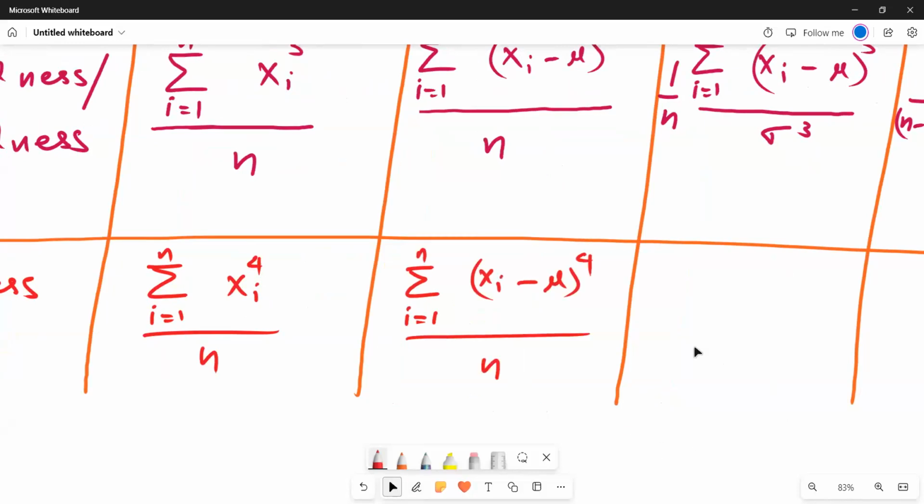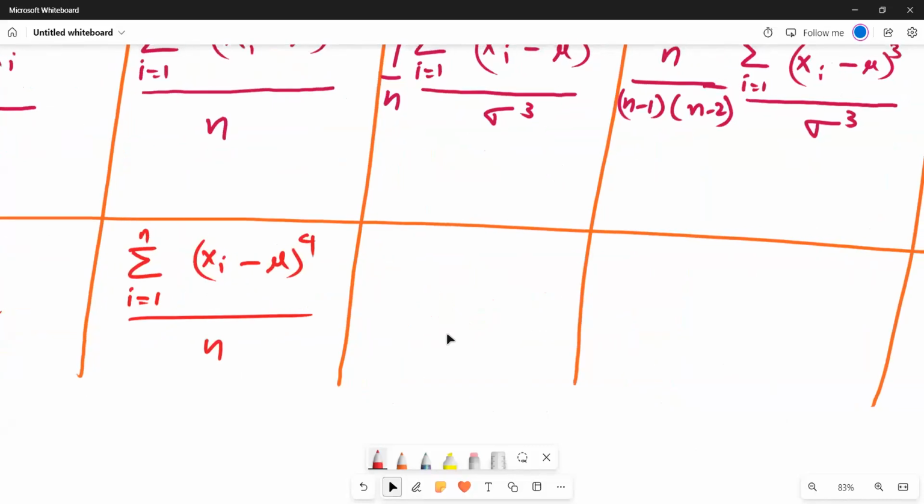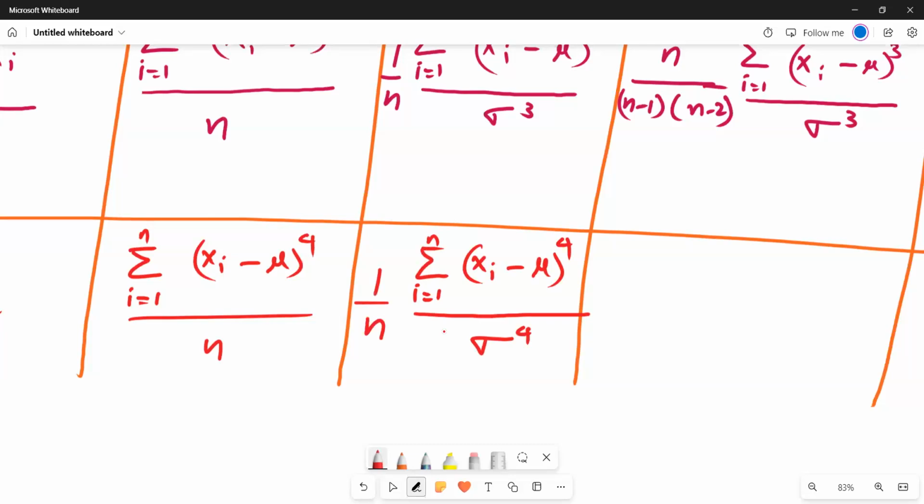Right? Next is the centered plus standardized form. Here, what we'll do is we'll simply divide the term by the standard deviation. So we'll simply write xi minus mu raised to the power of 4 divided by the standard deviation raised to the power of 4, and 1 by n will remain as it is.